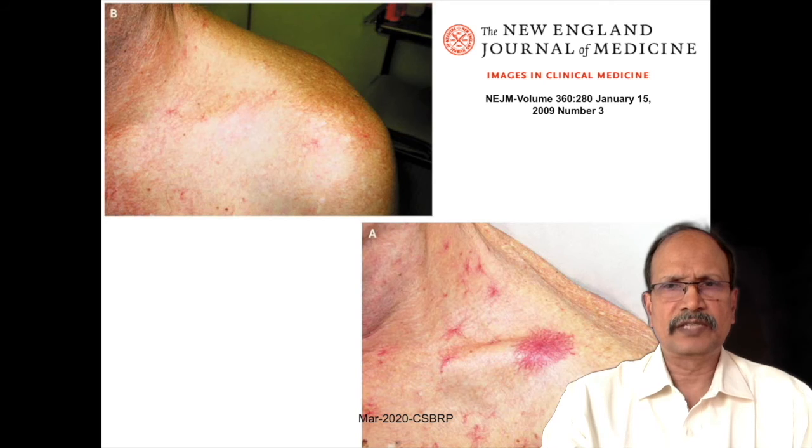And you can see very well characterized spider angiomas, many seen on the shoulder. You see the bigger one, the center is intensely red due to a dilated bigger vessel with radiating smaller capillaries from it, like the limbs of a spider. So spider angiomas tell you that it is a hyperestrogenic state.